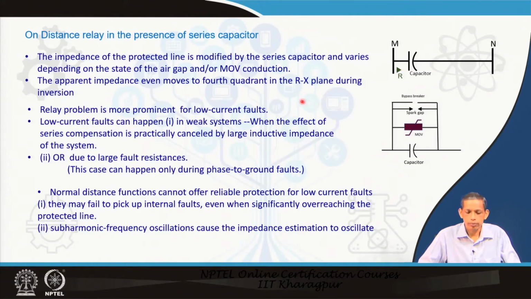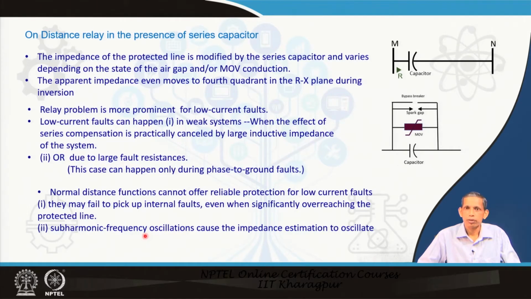That is a critical issue, and furthermore sometimes the MOV may be operating for a longer period of time before the spark gap bypass. In the low current situations, the apparent impedance seen by the relay will be a more problematic case. Normal distance relay functions cannot offer reliable protection for low current faults. They may fail to pick up internal faults even when significant overreaching is provided.